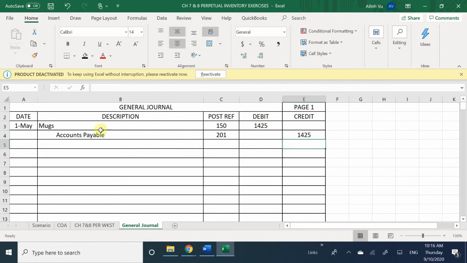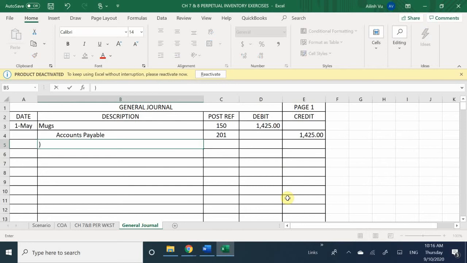I'm going to reformat this as well to reflect cents. Okay, good. Now I'm going to add a little description so I know who I bought this from and also remind myself that I have terms with them. So I bought this from Cuppy's Co.